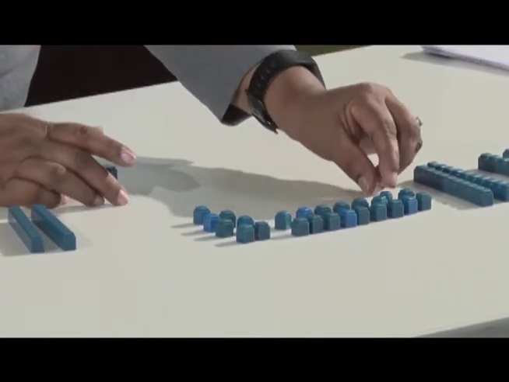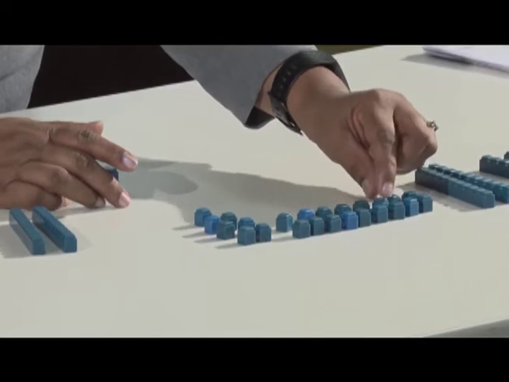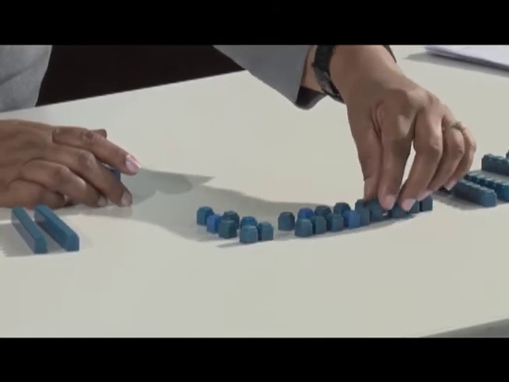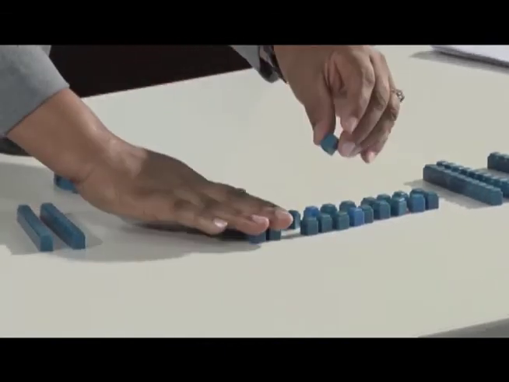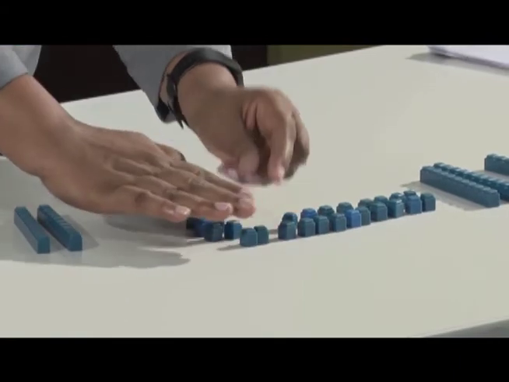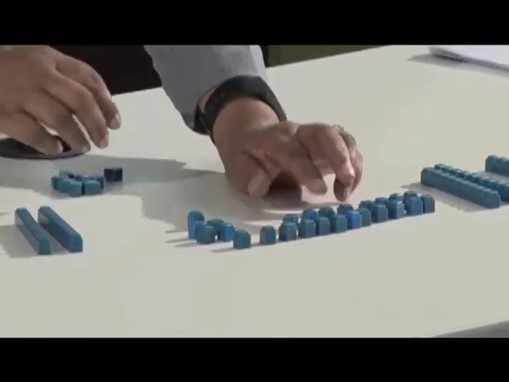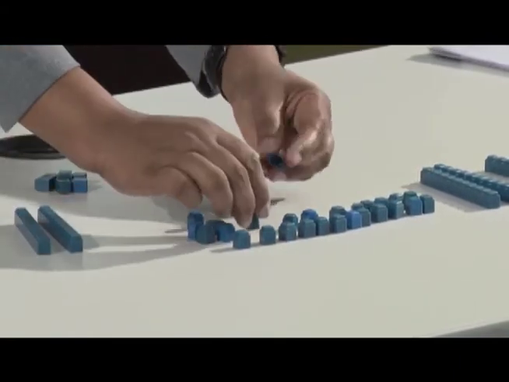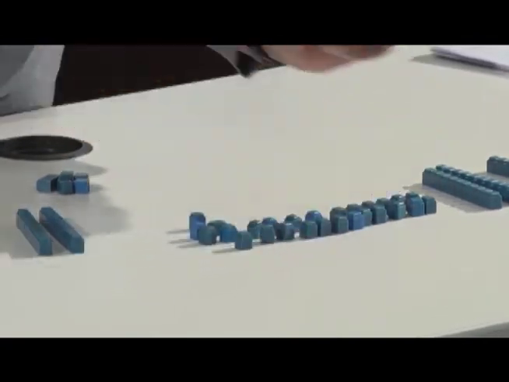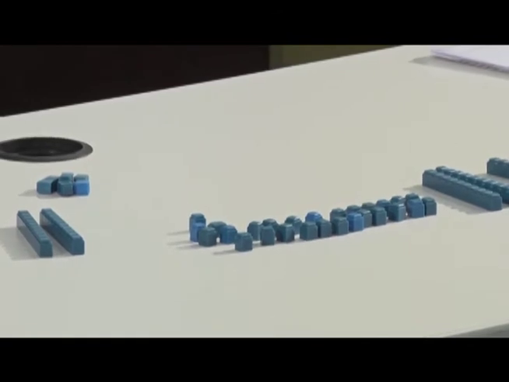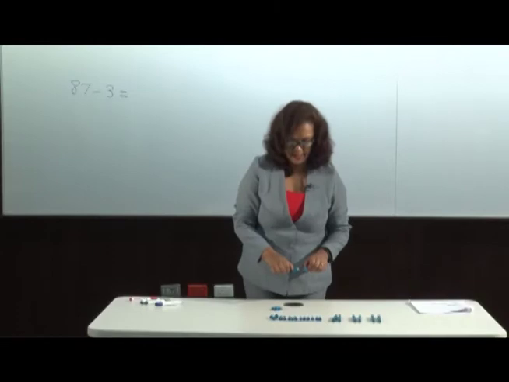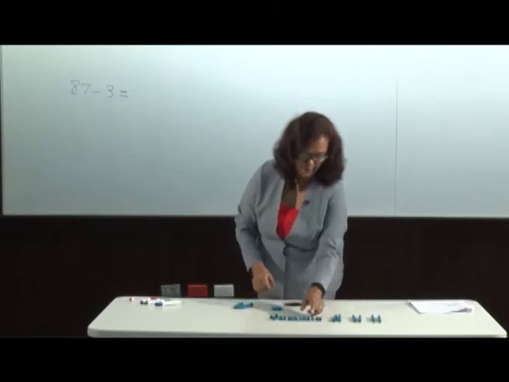So I'm trying to make an array here with 2 rows of 10. Right, so what I have done is traded in my 2 rods or 10s for 1s.